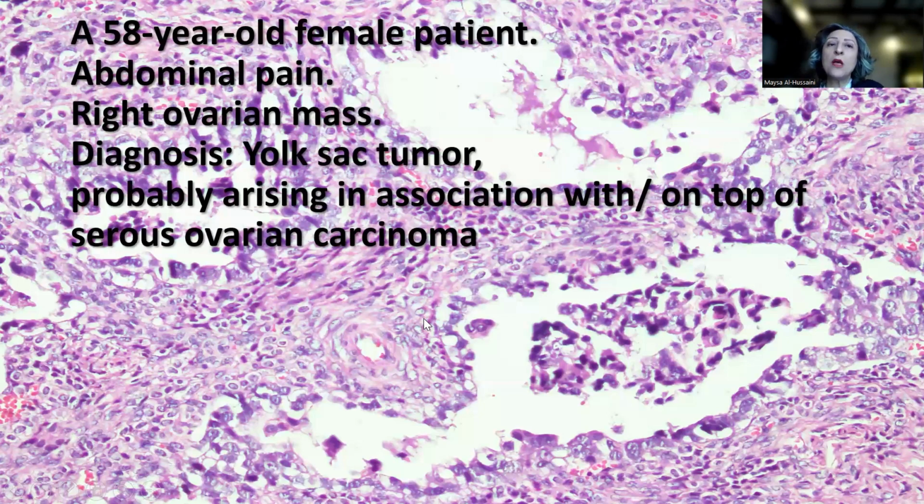So to sum up, the final diagnosis of this case is yolk sac tumor, probably arising on top of or in association with high-grade serous ovarian carcinoma. Now, yolk sac tumors are rarely reported in adult and elderly females, in postmenopausal females.